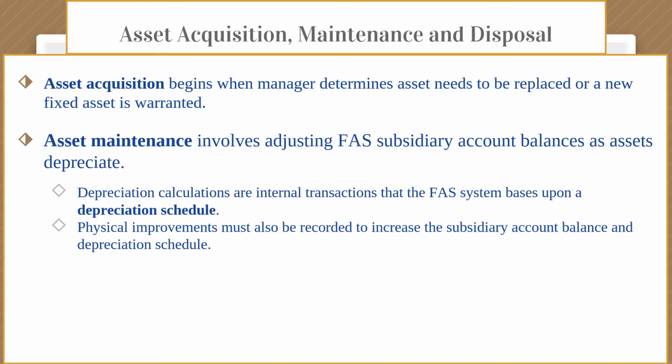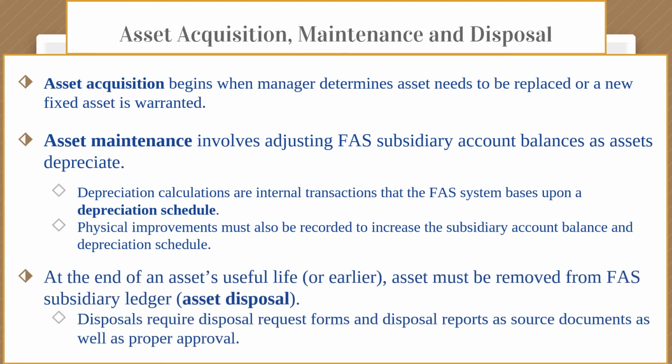And then maintenance of the assets involves adjusting the fixed assets subsidiary account balances as assets depreciate. Depreciation calculations are internal transactions that the fixed assets system bases upon a depreciation schedule, and the physical improvement must also be recorded to increase the subsidiary account balance and depreciation schedule.